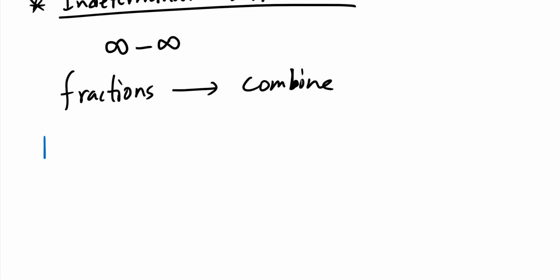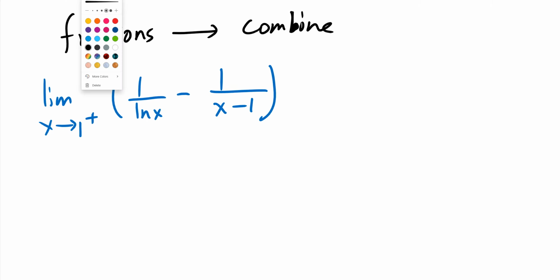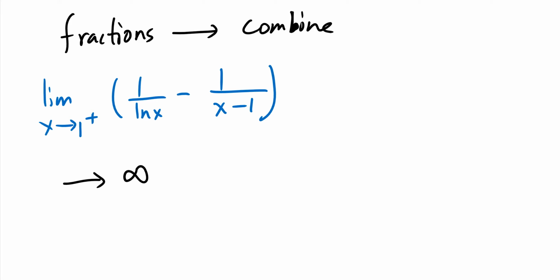So let's look at this example so I can show you how. The limit as x approaches 1 plus of 1 over natural log of x minus 1 over x minus 1. So what's the limit of this? We know the first one, 1 over natural log of x, if you graph this, you're going to see that this goes to infinity.